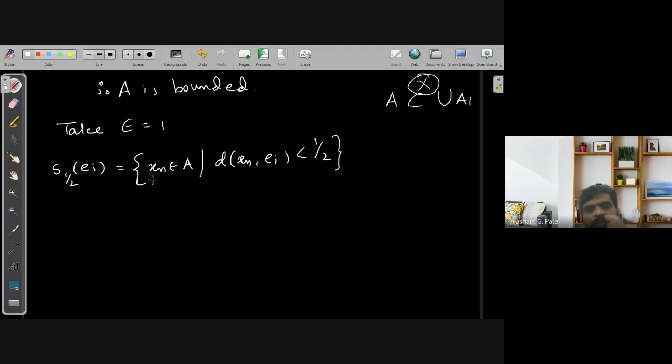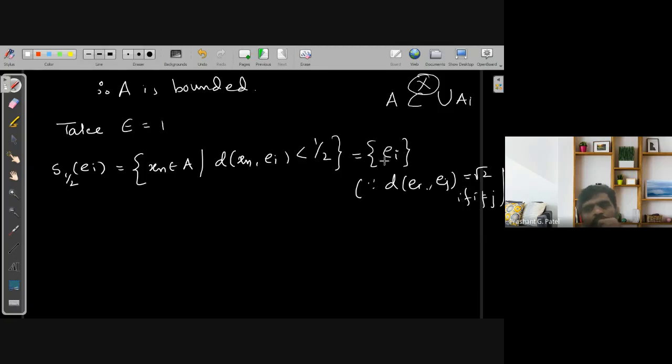As per the definition, x_n is e_j, so this has only one point, because the distance between e_i and e_j is root 2 if i is not equal to j, and 0 if i is equal to j.